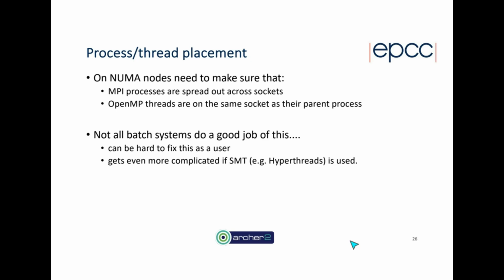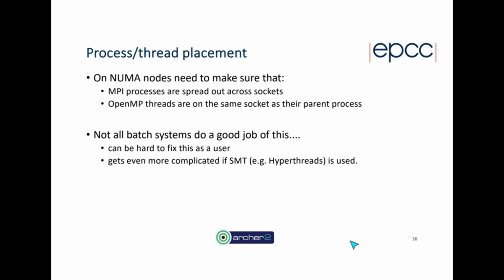Unfortunately, the way this is controlled is a kind of messy collaboration between the batch system and the OpenMP runtime. So you may have to use both batch system settings and OpenMP affinity control settings to get the right thing.